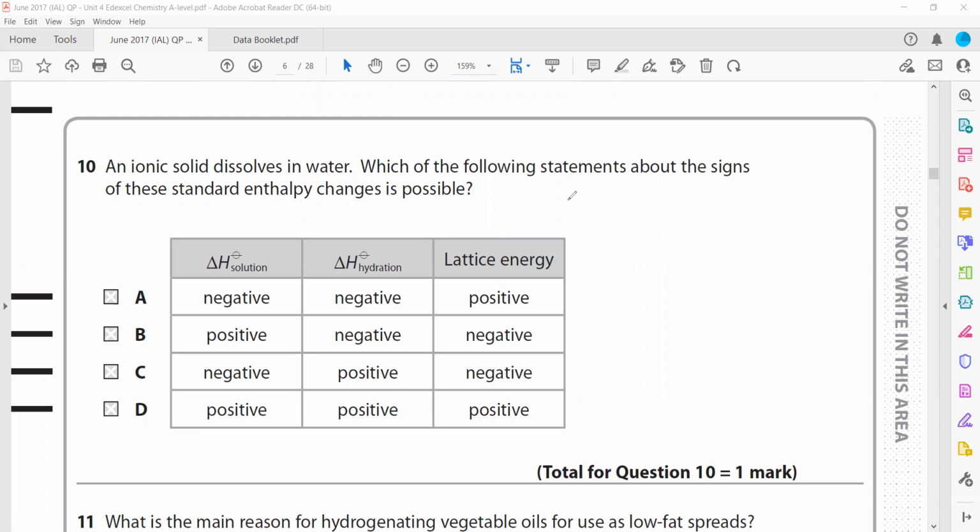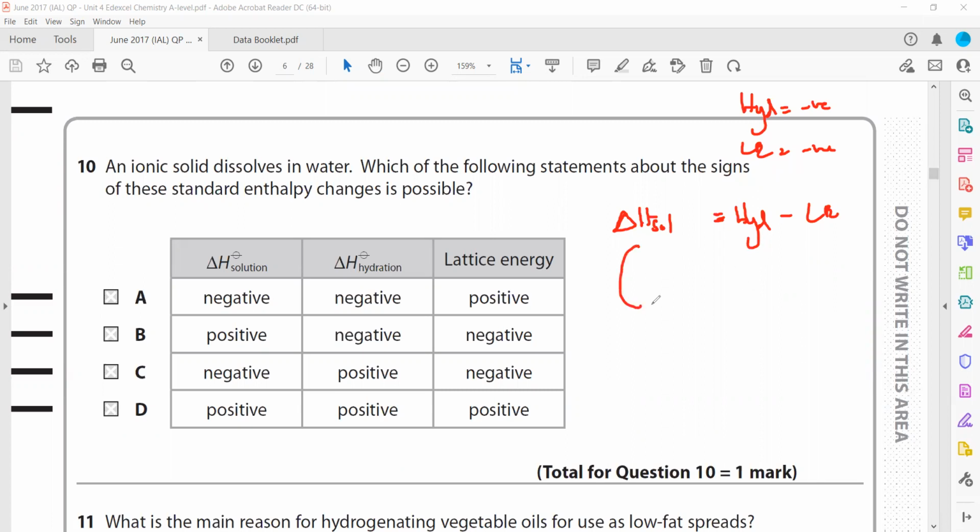Which of the following statements about the sign of standard enthalpy change is possible? Enthalpy change of solution is equal to hydration minus lattice. Hydration energy is negative. Lattice energy is also negative. Both are negative because they are both bond forming. Hydration energy is when gaseous ions form bonds with water molecules in solution, and lattice energy is when gaseous ions come together and form a compound.